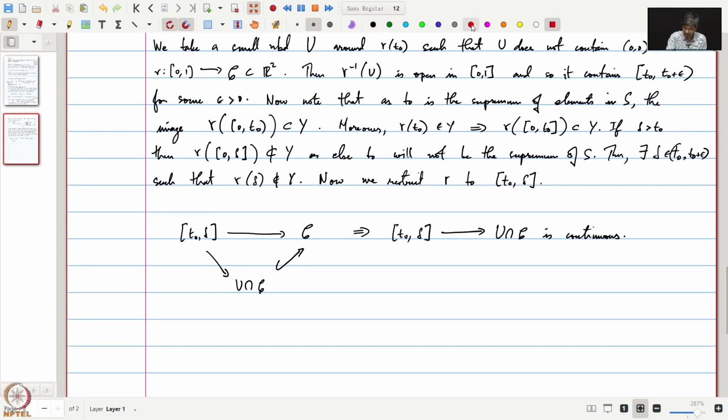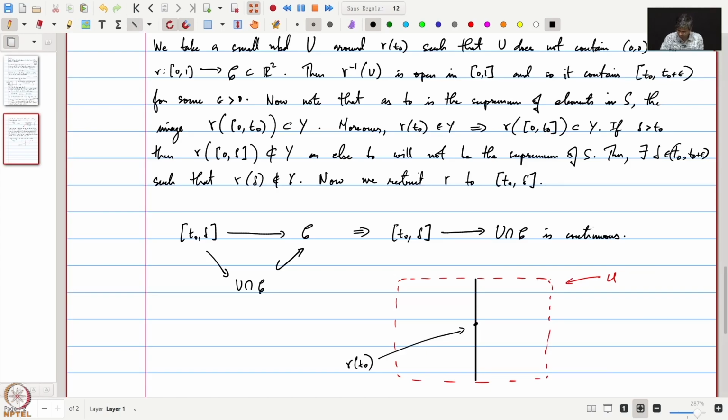U intersection C looks something like this. So, this is U. This is gamma of T naught, and there are all these lines at x equal to 1 upon n, which are converging to x equal to 0.